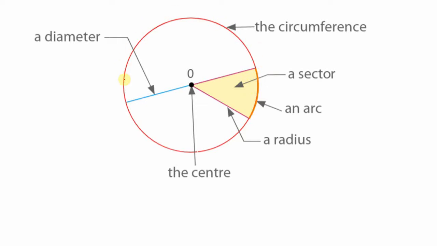The circumference of the circle is basically a synonym for the perimeter of the circle. It's the length all around the circle, if we measure that. So that's the circumference.